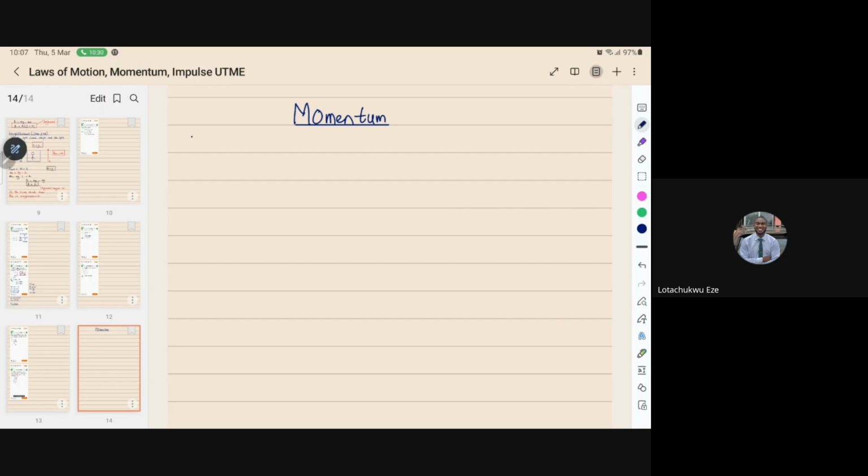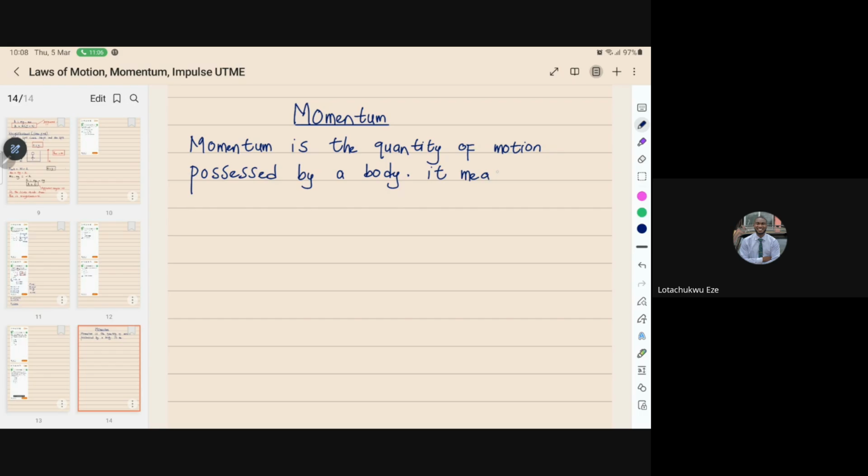So momentum is simply the quantity of motion possessed by a body. It measures how difficult it is actually to stop a body in motion.